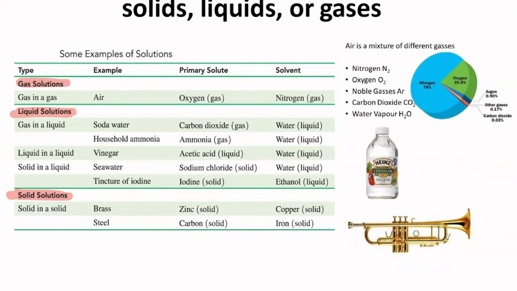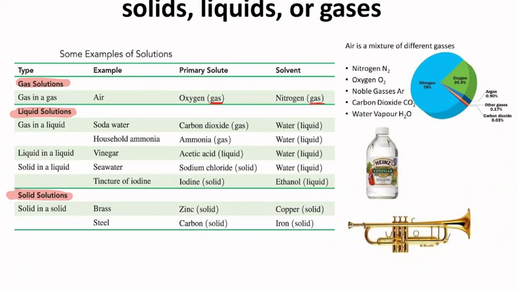Then the main solute present in air is oxygen, but there are other gases in there. There's argon, there's carbon dioxide, there's steam, okay? But because there are different gases present in air, that is known as a gas solution. Now, in order for something to be considered a gas solution, both your solute and your solvent need to be found in gas form. So that's why we see it here.